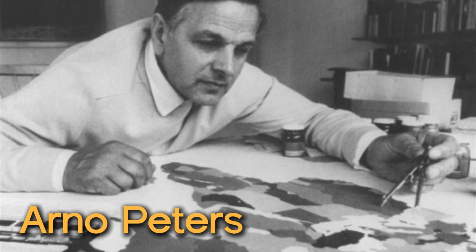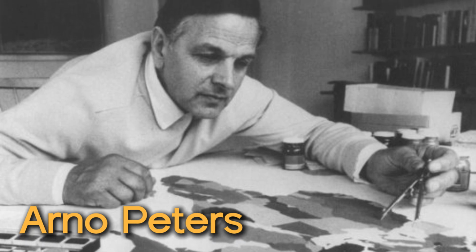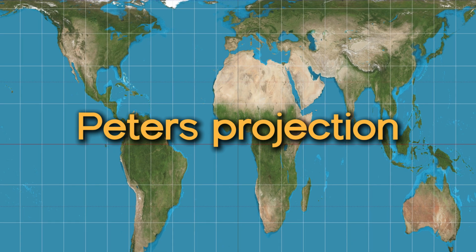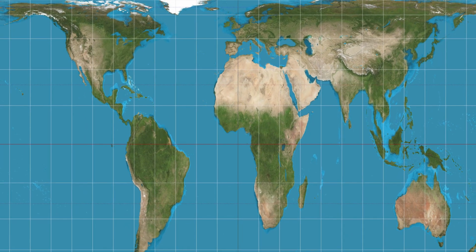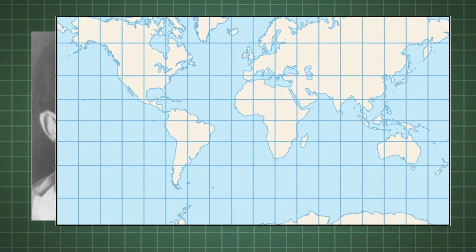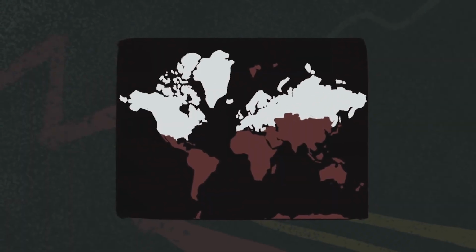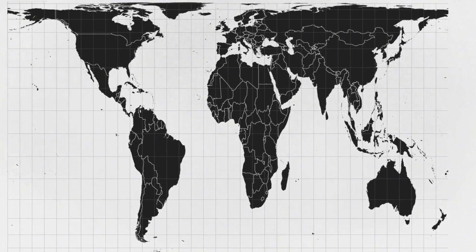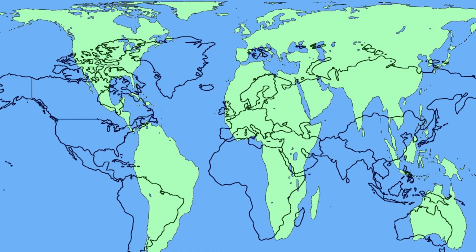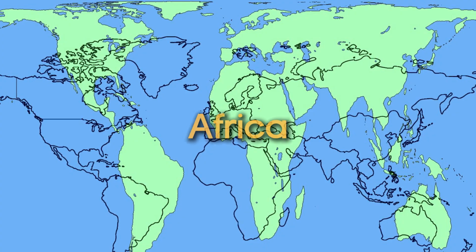Arno Peters, a German historian, highlighted this issue in the 1970s when he introduced the Peters projection, an equal area map that more accurately represents the relative sizes of continents and countries. Peters argued that the Mercator projection's exaggeration of areas in higher latitudes, such as Europe and North America, perpetuates a Eurocentric worldview and undermines the perceived importance of equatorial regions, including much of Africa and South America.